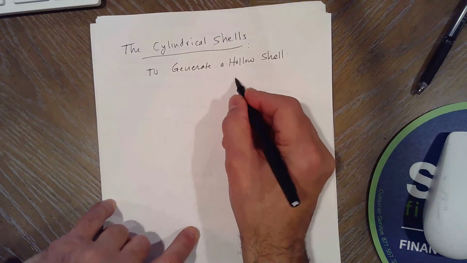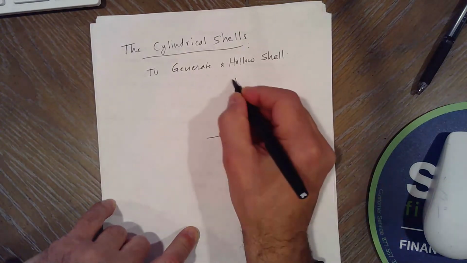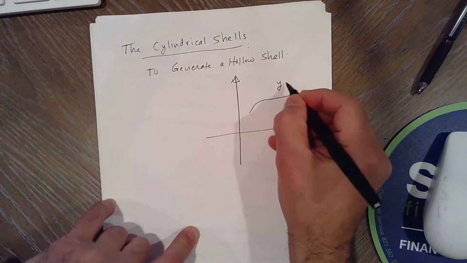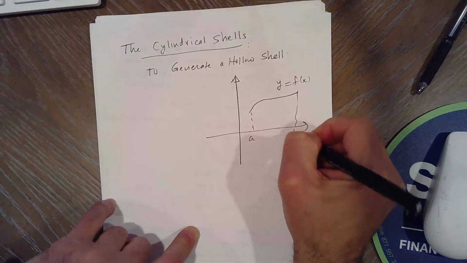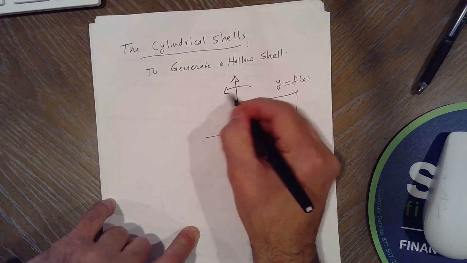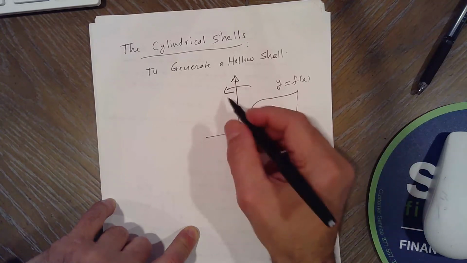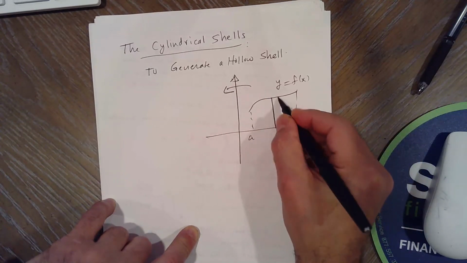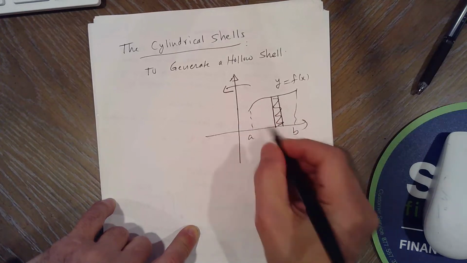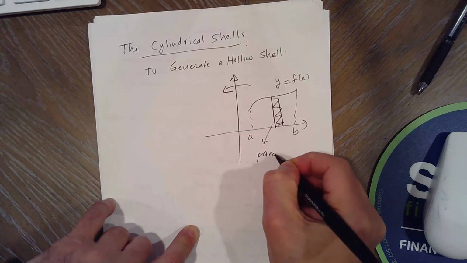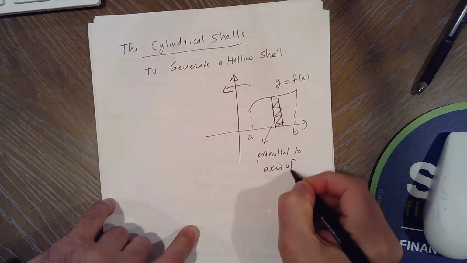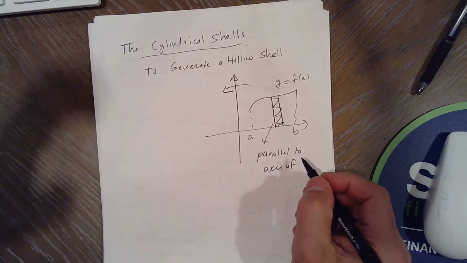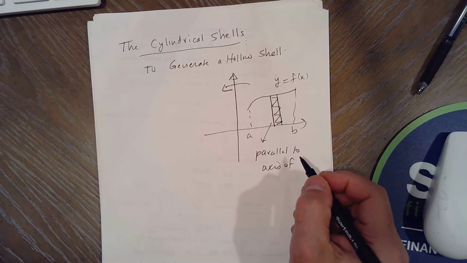So just as an example, if you take any function y equals f of x between x equals a and x equals b, and you want to rotate about the y-axis, you take a cross section parallel to the axis of rotation. That's the difference between the shell and the washer or disk method.